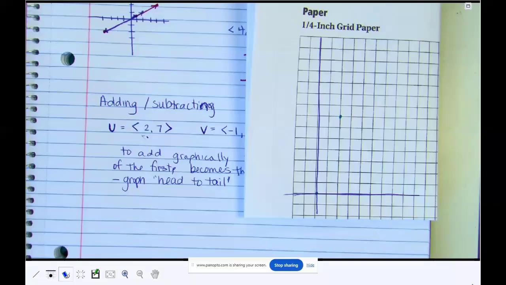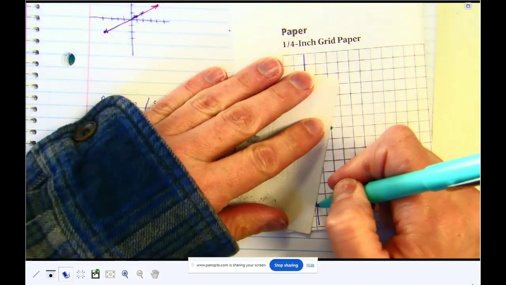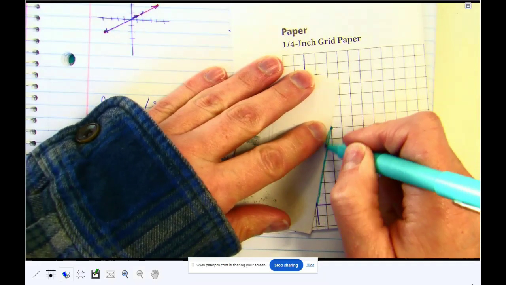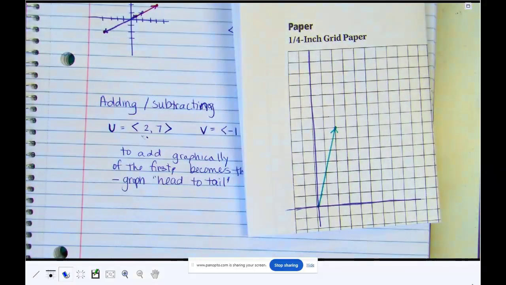If you need a ruler, you can get one out of the window. Okay, now, important thing about vectors is that it's not a line and doesn't continue, right? It ends at 2, 7. So there's your first vector, 2, 7.